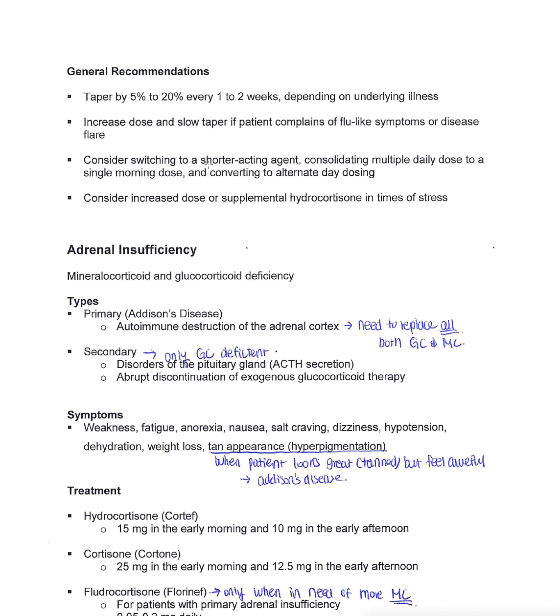Consider switching to a shorter acting agent, multiple daily doses to a single morning dose, or converting to alternate day dosing. So slowly taper down, and consider an increased or supplemental dose in times of stress. Whenever there's any stress, we may have to increase the dose to accommodate those stressors.